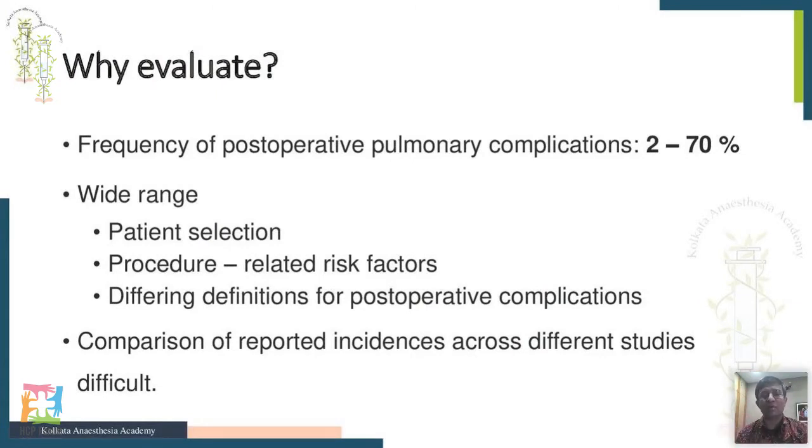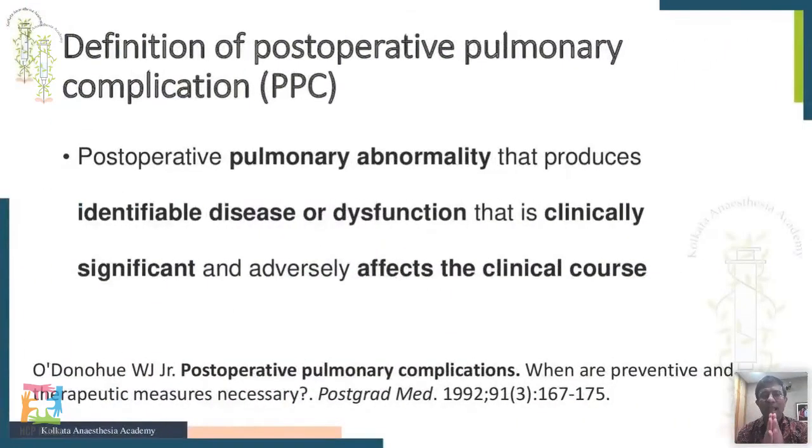There's been a huge difference about what exactly is the amount of pulmonary complication. Some people have been over-enthusiastic, saying up to 70%, but this is because of a lack of a proper definition.